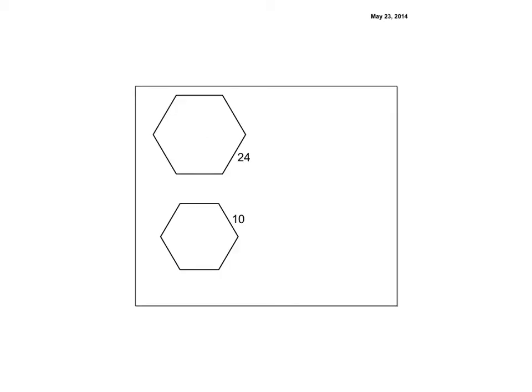So I'm going to show you how we're going to use that. All right, so here we have a regular shape, and again, we will only be dealing with regular polygons like this. That's the only case we're going to look at. Now, we have a regular shape here, meaning all the sides here are 24 units.